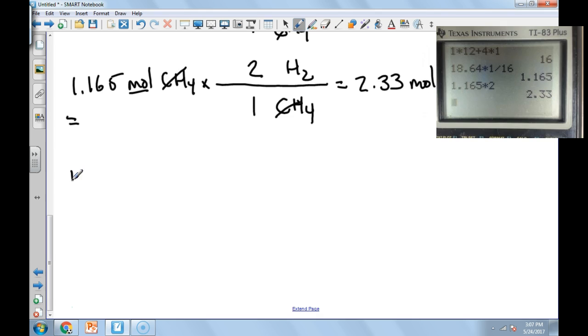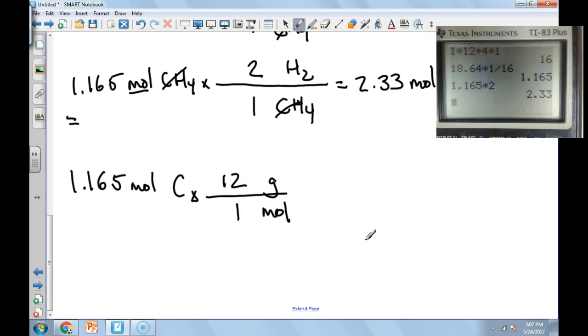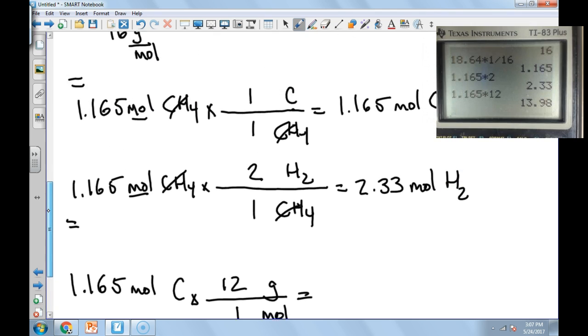So we're going to go 1.165 moles of carbon. We're going to X-line this, and we're going to put moles on the bottom, grams on the top, and we're going to go to the periodic table, and we're going to see that for every 1 mole of carbon, it has a mass of 12 grams. So we do 1.165 times 12, and that's going to equal 13.98.